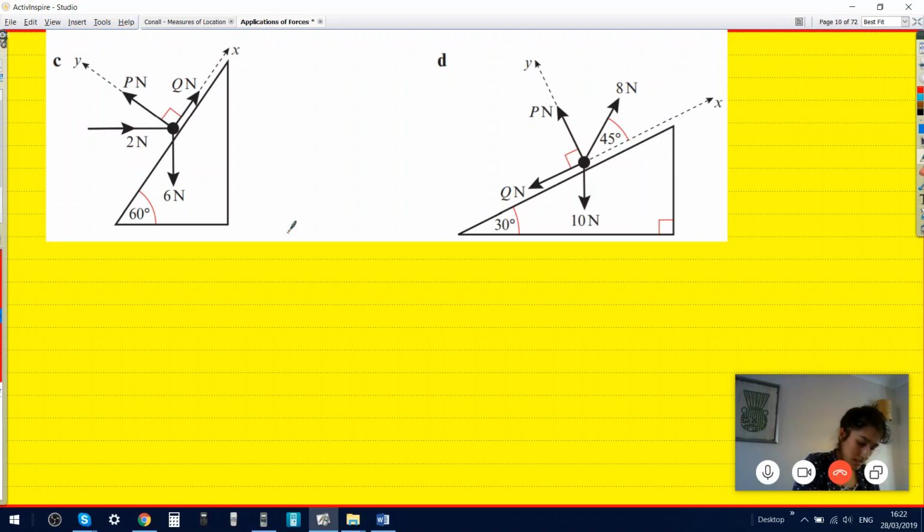P N and Q N. X, Y. And then draw the little triangles. So that's 60 there. So that makes that 6 sine 60 and 6 cos 60. And then what else?